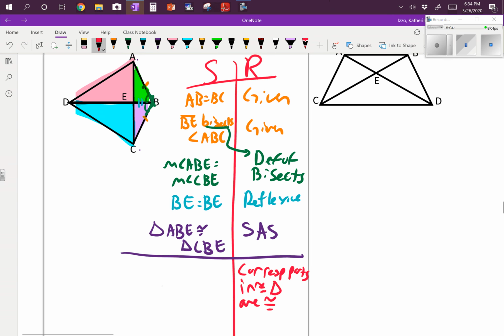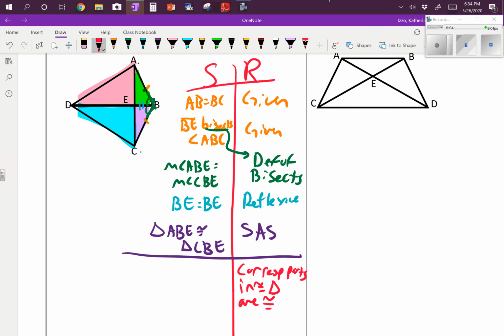And I am going to say this side and this side. So AE and EC. Because that's a side in the green and a side in the purple, and they match up in the green and the purple. And I want them because now I've got them matching up in the pink and the blue.